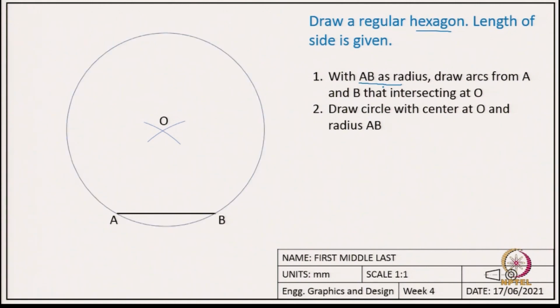After we get this circle, we take the compass with distance AB and draw arcs.